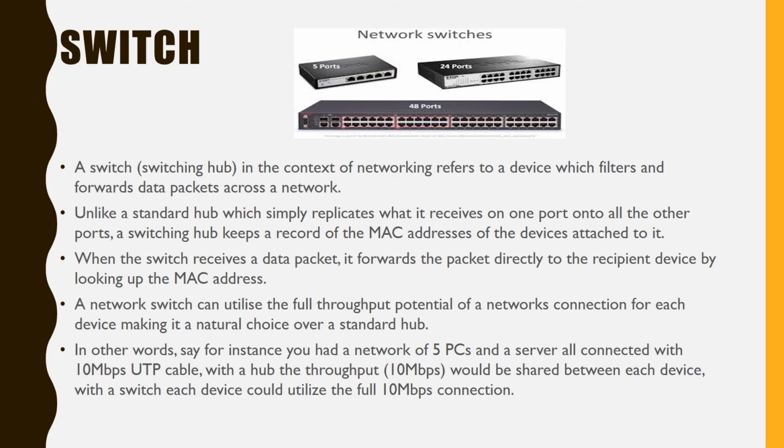Now the main disadvantage of having an active or passive hub is that a hub cannot identify a particular node in the network. That means if a server sends a message to a particular node in the network, then the hub transmits this information to all the nodes without identifying the particular node for which the message has been sent.